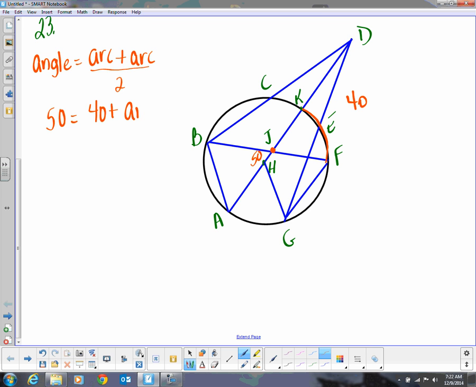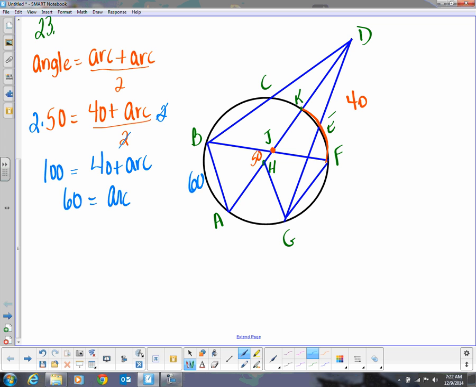So we don't know this arc. Over 2. How do I undo division? So I'm going to multiply both sides by 2. What's 50 times 2? So we have 100 equals 40 plus arc. What's 100 take away 40? 60. So this arc is 60.